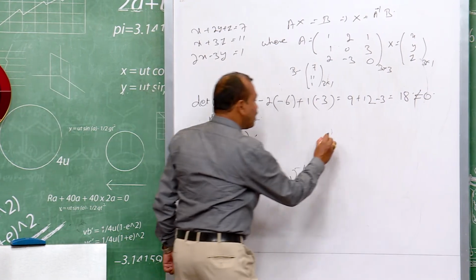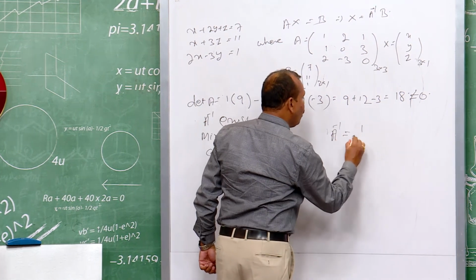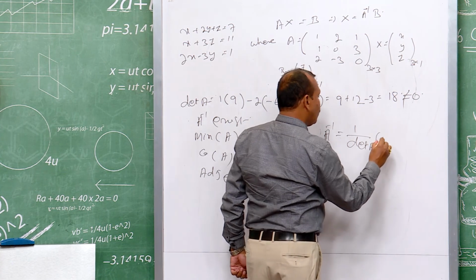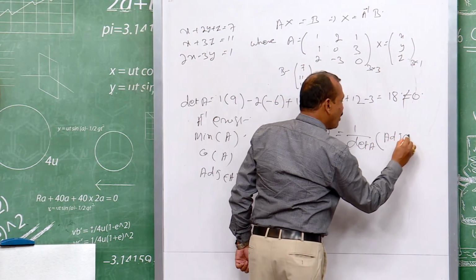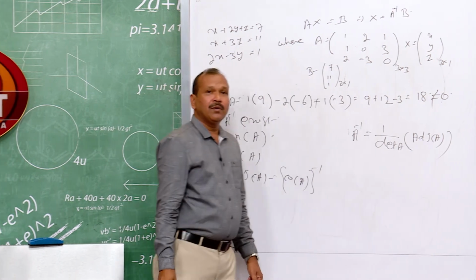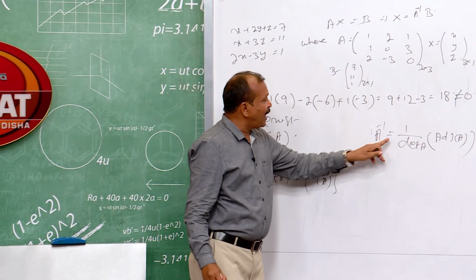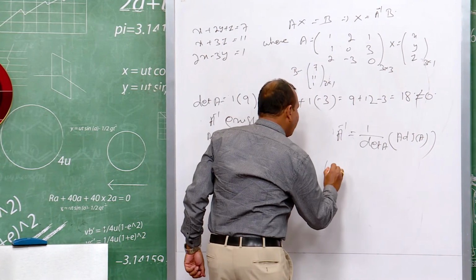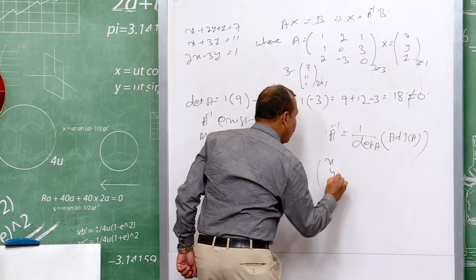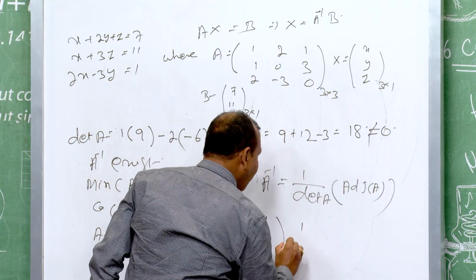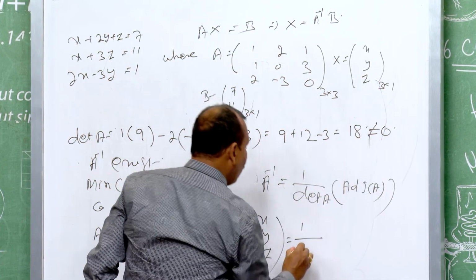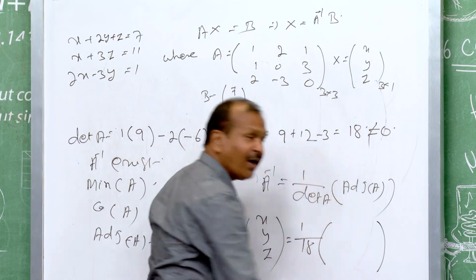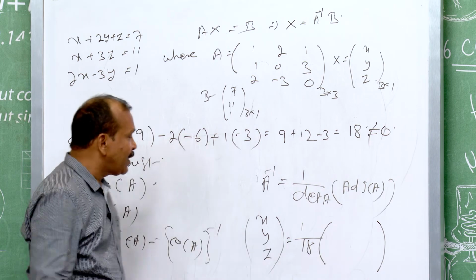Then A inverse is equal to 1 by det A into adjoint of A. After getting this A inverse, X matrix becomes x y z, and 1 by det A becomes 1 by 18 into the adjoint matrix, then multiplying.